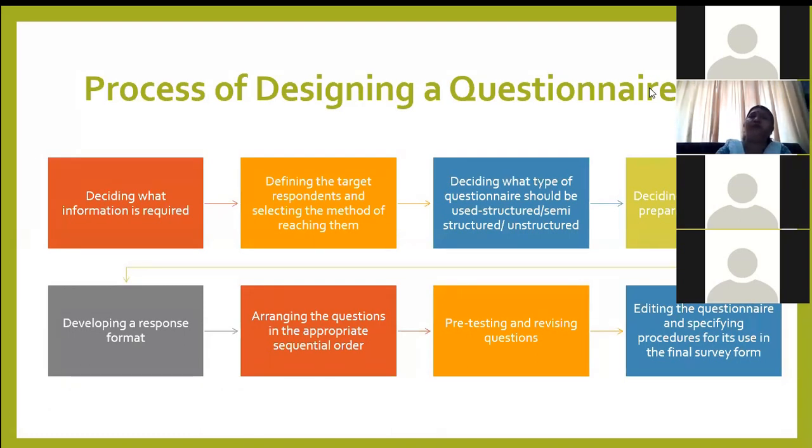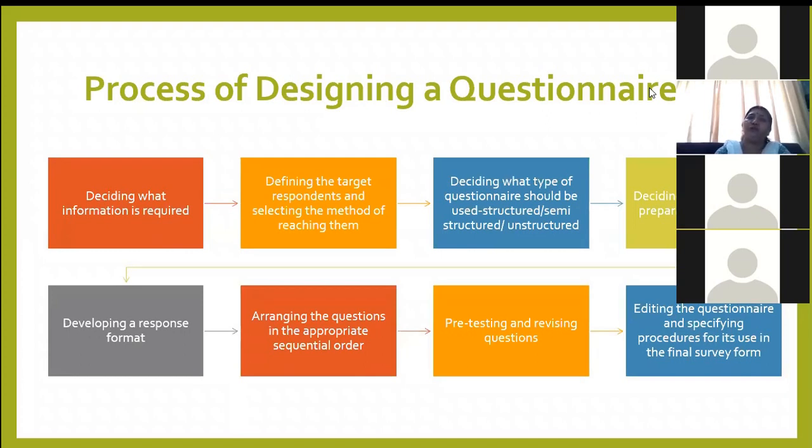And also we have to select the method of reaching them: how we are collecting information from them, and what kind of data collection method is required for collecting information from the target respondents. So that we have to define.